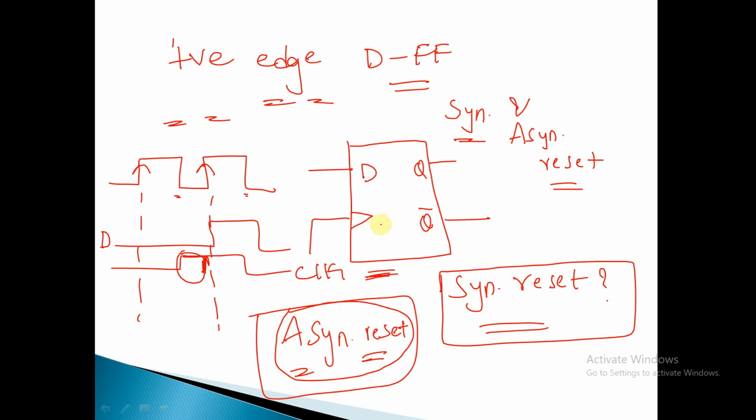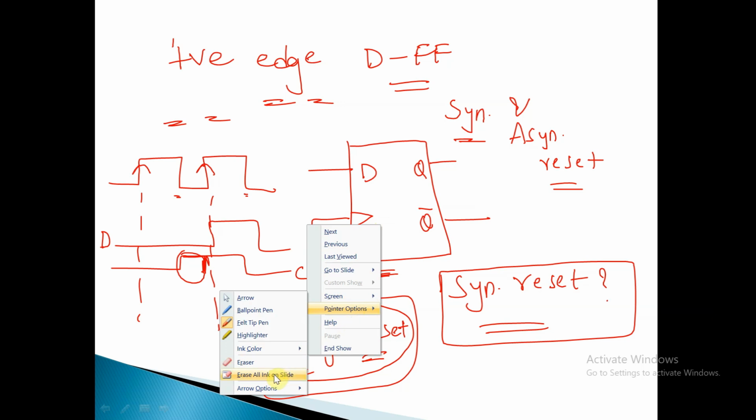Here, what we are discussing is the ideal manner. We are not going into propagation delay or setup time; we have not discussed them. We are simply discussing the basic concepts without any propagation delay in general. We have some types of delays in sequential circuits, like reset to clock and clock to Q delay.